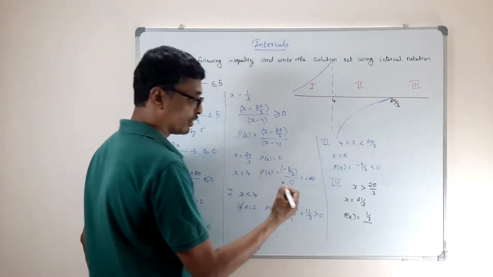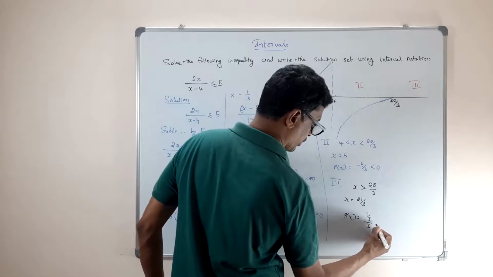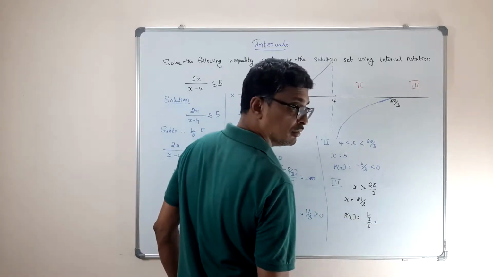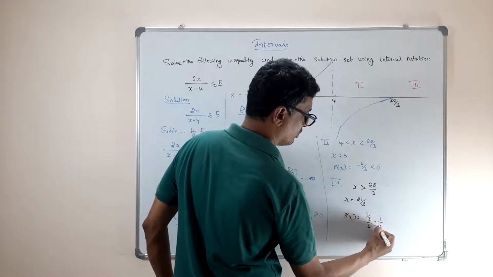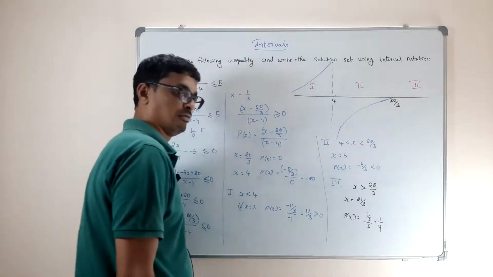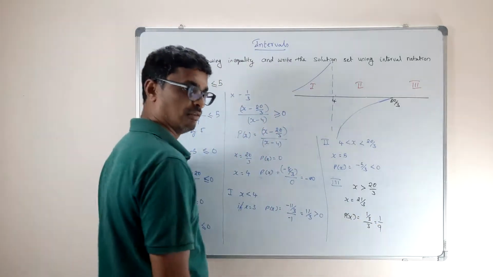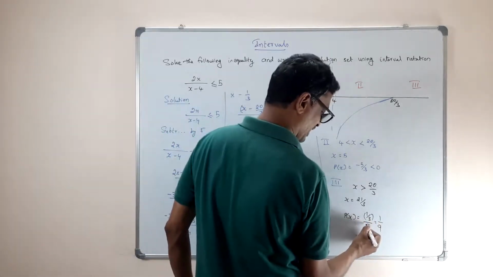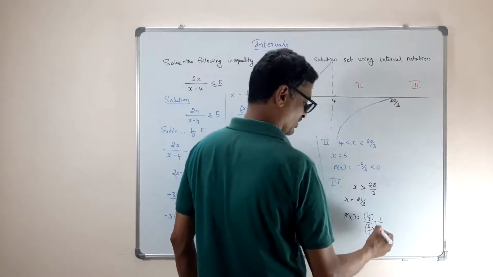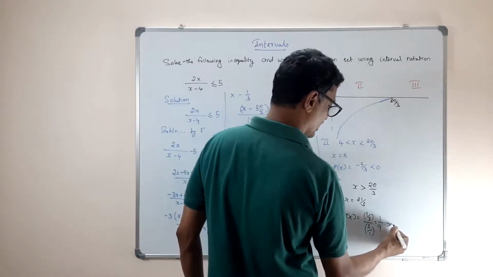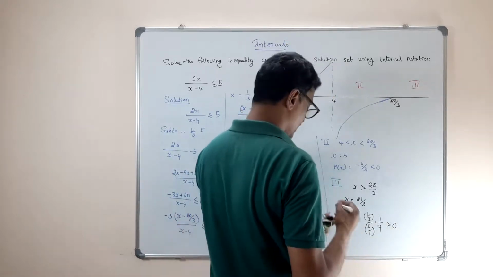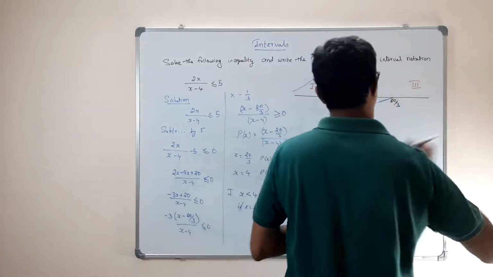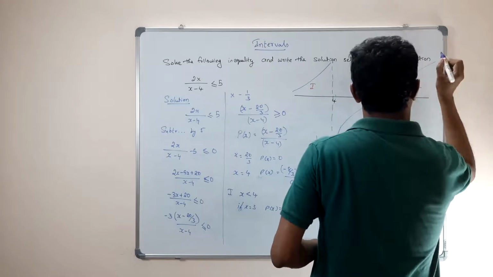Positive. So 1 by 3 divided by 3, that is 1 by 3 into 1 by 3, of course 1 by 9. This is greater than 0. So that is positive for us. So positive goes something like this.